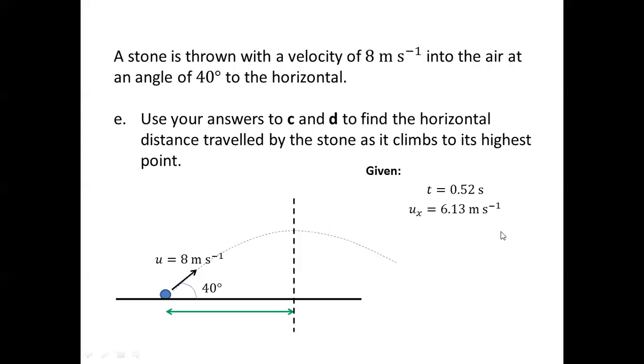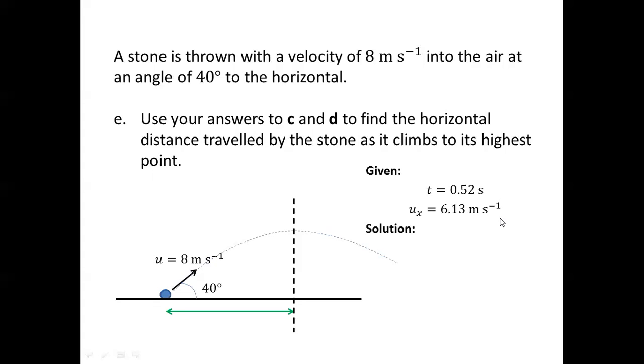Next, we also know that the horizontal component of the velocity is 6.13 meters per second. That means if we consider the magnitude only, this is the speed, the horizontal speed.